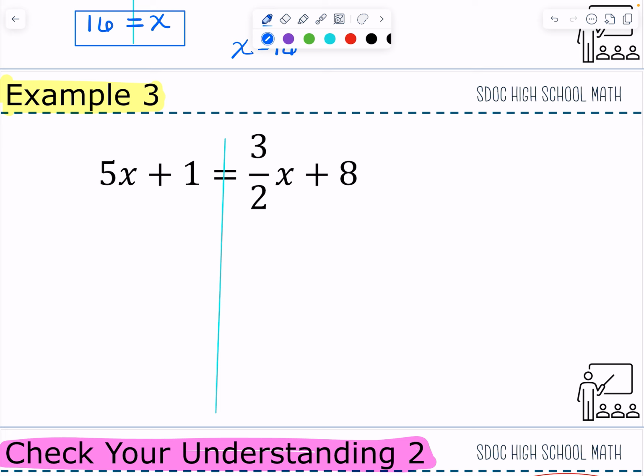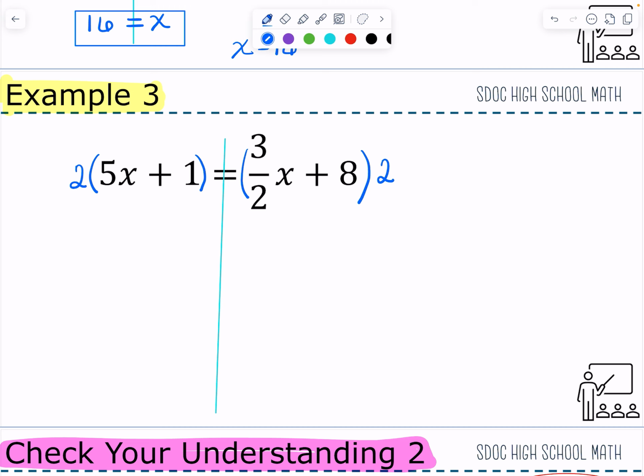So if I multiply everything by 2, I can get rid of a fraction. So I'm going to multiply the entire left side of the equation times 2. But to keep it equal, if I make the right side 2 times bigger, I also have to make the left side 2 times bigger.